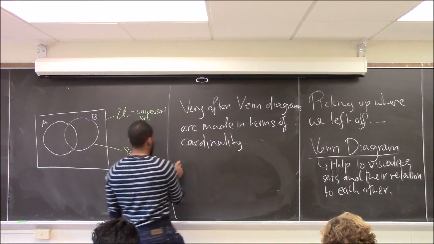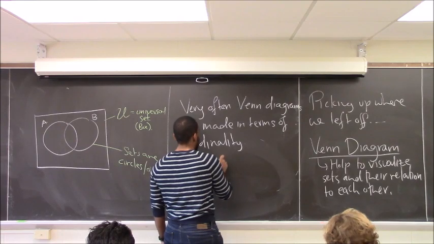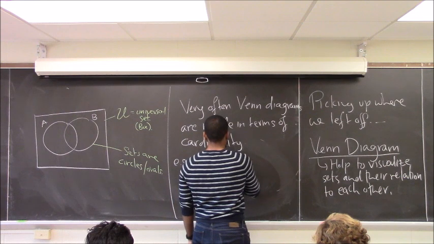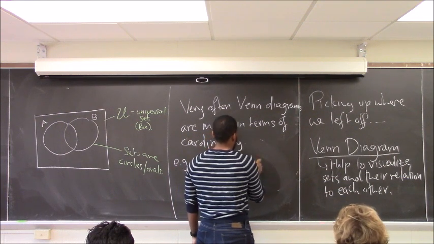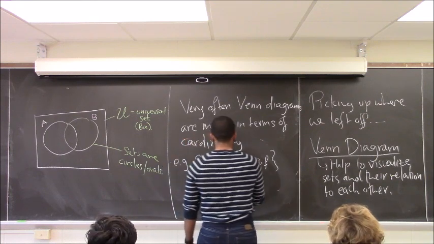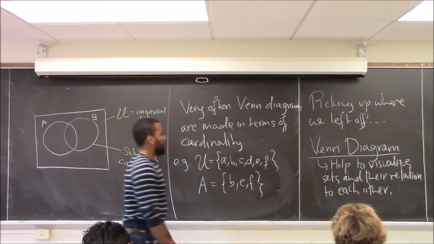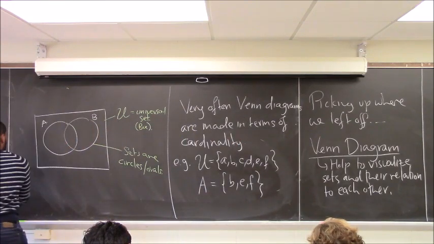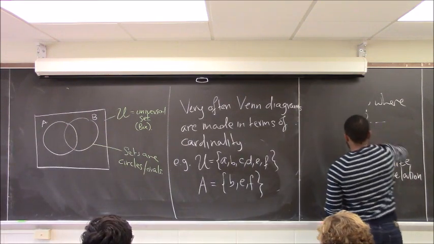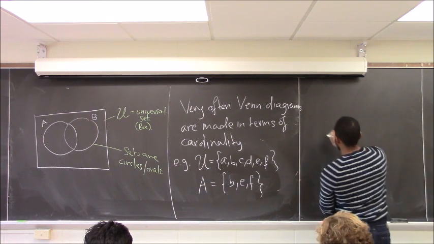So, for example, I can say something like, let U be the set A, B, C, D, E, F. Let A be the set B, E, F. Then, if you were to draw a Venn diagram that represents this, you will tend to put the cardinality of things in here.